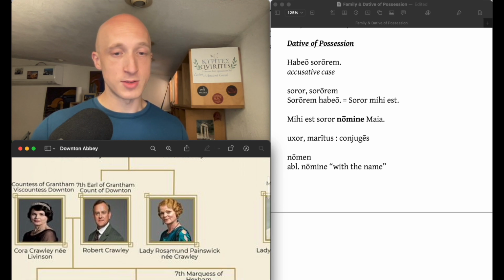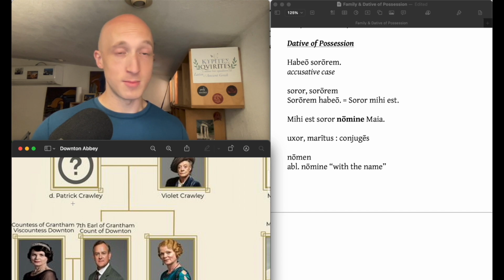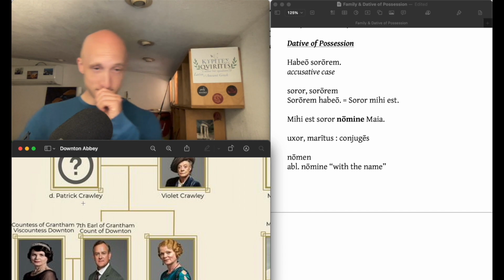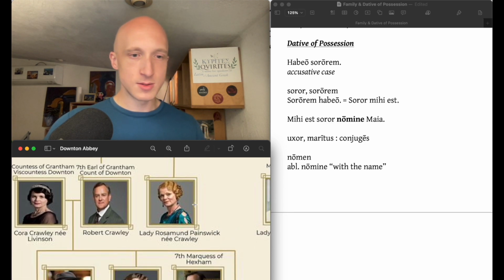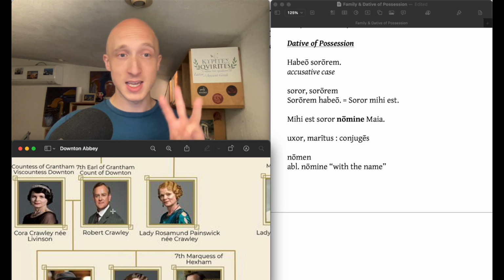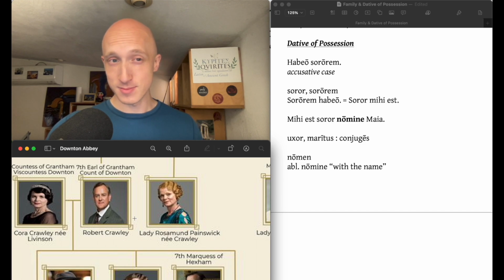Erat Roberto et Rosamundae pater nomine Patricius. Roberto et Corae sunt tres filiae. Roberto et Corae non sunt filii, mares, masculine, male children.